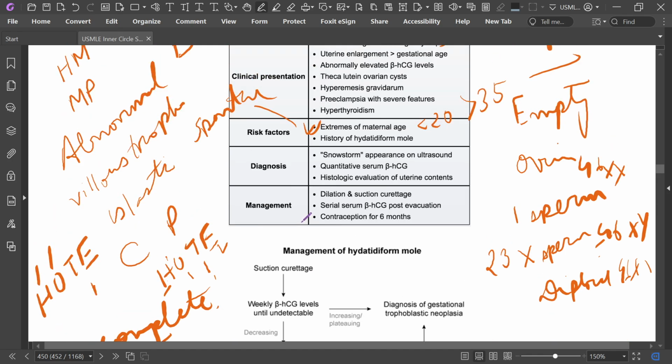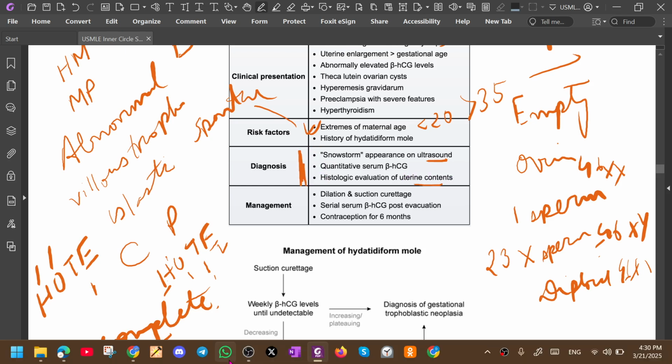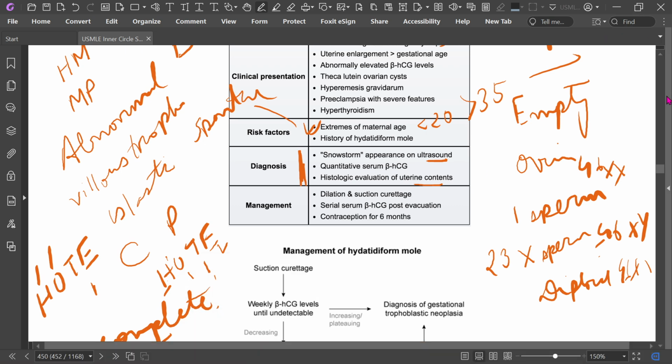Now the diagnosis of hydatidiform mole: physical examination and labs. For diagnosis, three things: snowstorm appearance on the ultrasound, quantitative beta hCG level, and histologic evaluation of the uterine content.